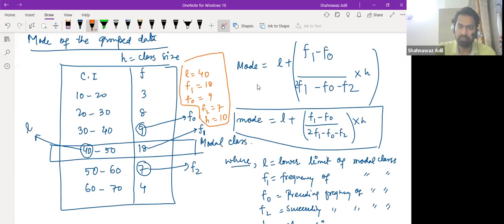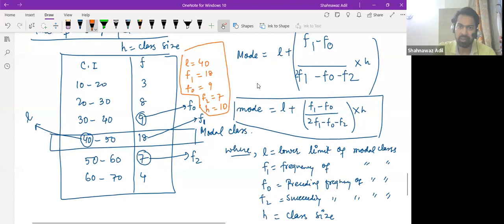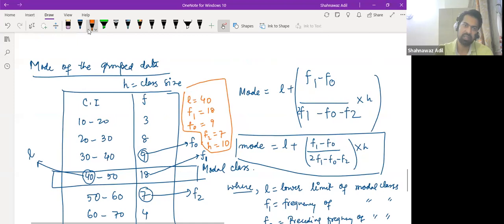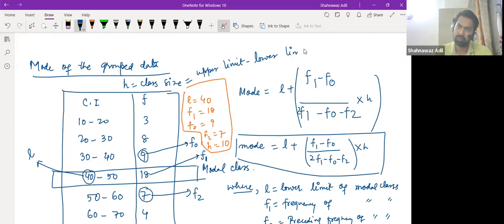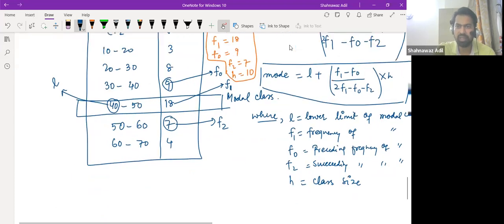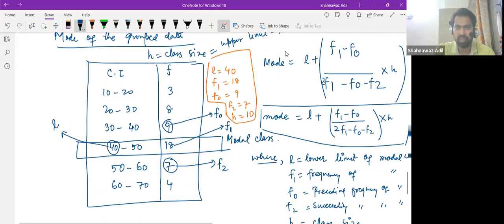The difference between the upper class limit and lower class limit is the height, right? Yeah, that is the class size. Yes, absolutely correct. So this is upper limit minus lower limit. Okay, so from this we can easily calculate. Calculating the mode is very easy, right?